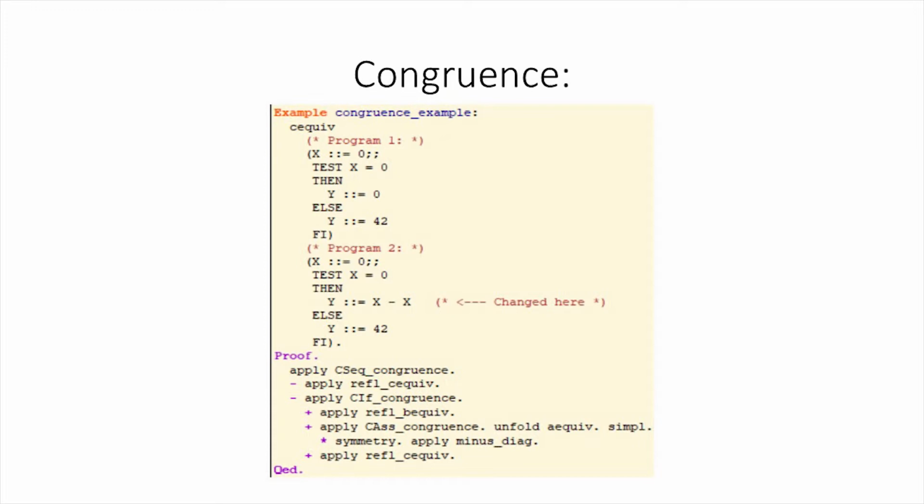So once again, we see that x is going to be set to 0, thus the first clause is going to be returned, not the else clause. In the first one, y is explicitly set to 0, and then in the second program, y is set to x minus x, but because x is initialized to 0, x minus x simply is 0.